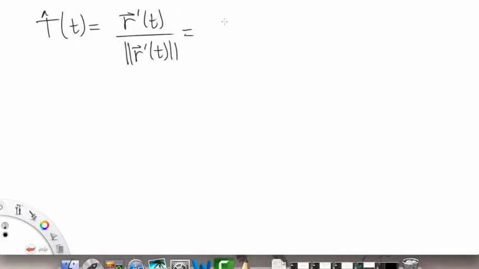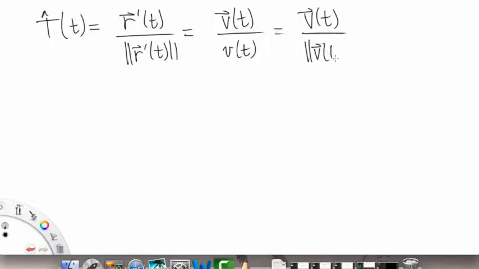This is also equal to v, the velocity vector over the magnitude of the velocity vector, which is speed. So there are a bunch of different ways to write it.